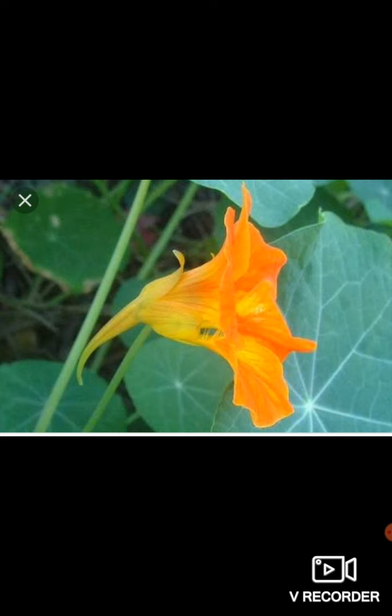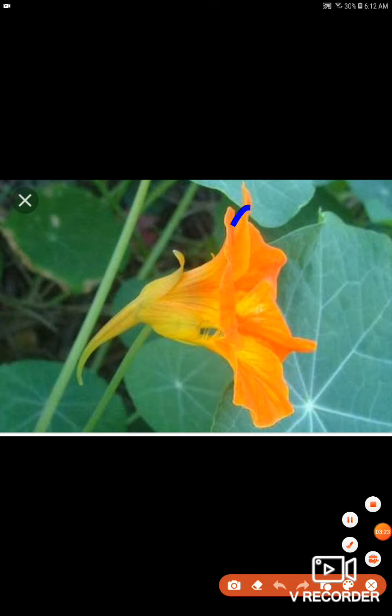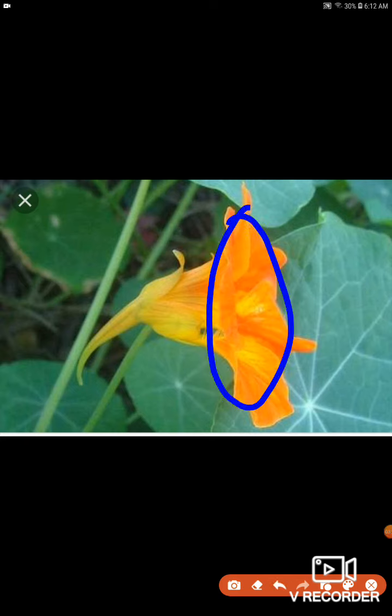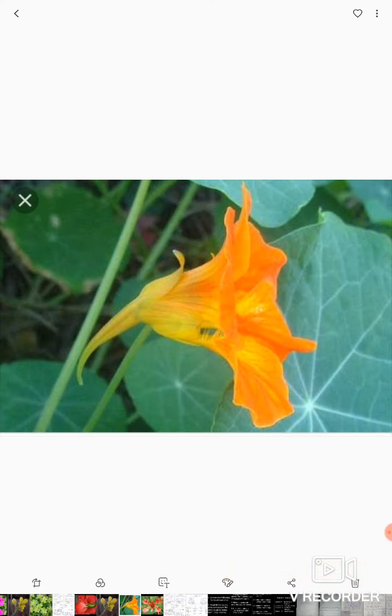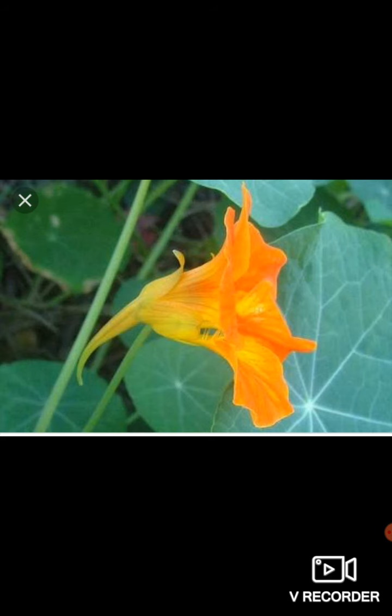Second example, it was given in your book also. Nasturtium flower. Here also you can see the petals are orange in color, and these are the sepals which are not green, somewhat yellow in color. So these are examples of petaloid sepals.